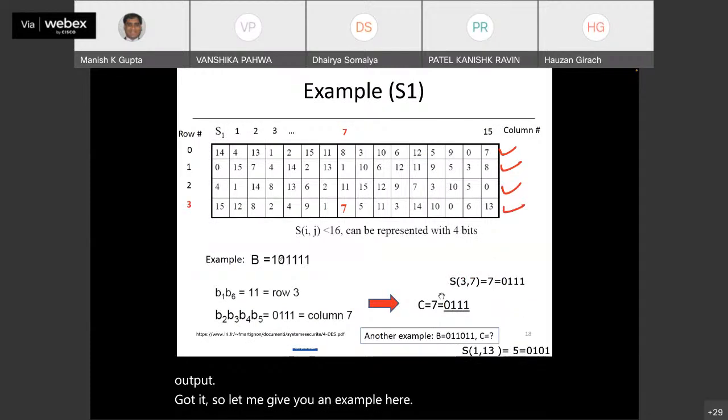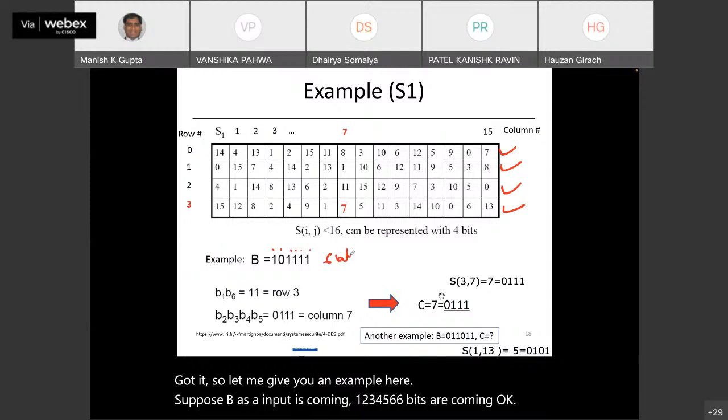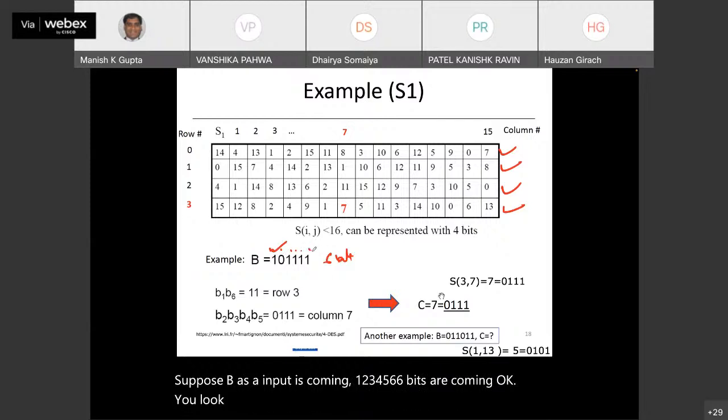Suppose B as an input is coming, 1, 2, 3, 4, 5, 6 bits. 6 bits are coming. You look at the first and the last, which is 1, 1. B1, B6 is 1, 1. 1, 1 in decimal is row 3. So I have marked row 3 here.